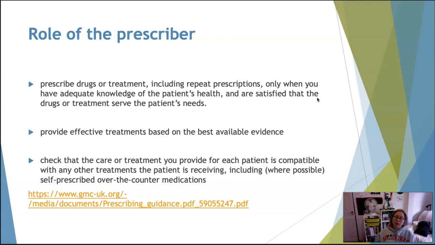So it's really important that when the prescriber is interacting with the patient and making them aware of why they need to take this medication, how they need to take this medication, that they also need to be aware of anything else that might be key to the medication's success. Again, there's another document at the bottom of here that's looking at the General Medical Council, and it's looking at their prescribing guidance and the things that they say that prescribers should be aware of.